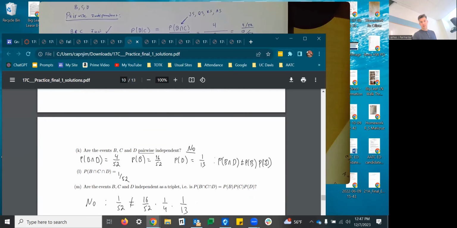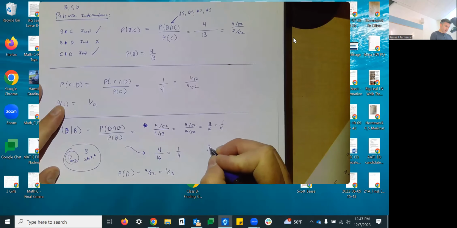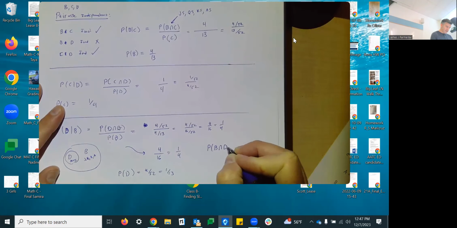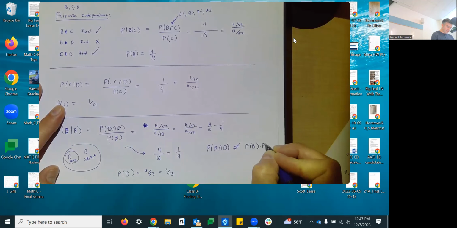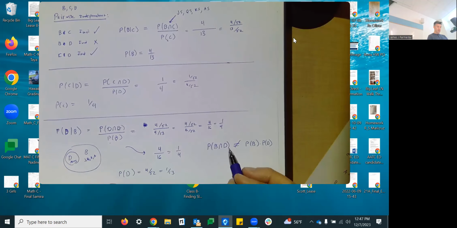Yeah, so she is showing the same work here. And she's doing it the other way, which is totally fine. I don't like doing it that way, but it might make more sense to do it that way. So another way to show that D and B are not independent of each other is to show that the probability of B intersect D does not equal the probability of B times the probability of D. We know what these both are.